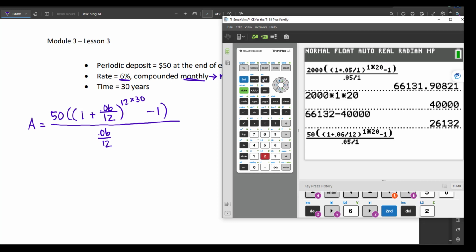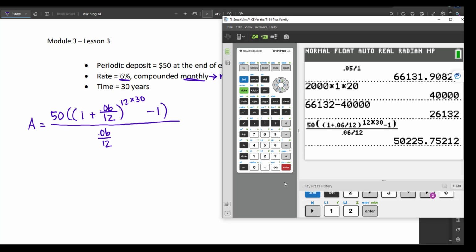Need to insert a 2 here. And then in our exponent, I need to insert another 2. We have 12 times 30. All of that minus 1. And then we have 0.06 divided by 12. Enter.